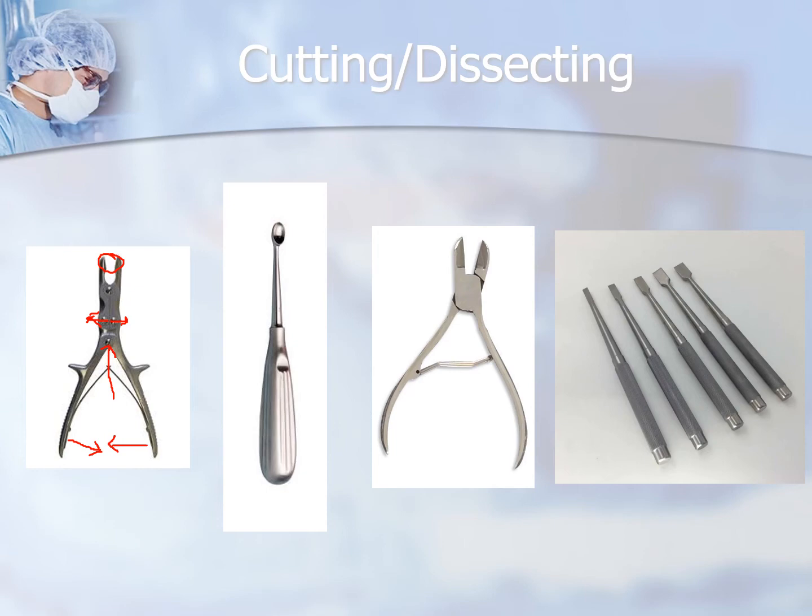Anytime you pass an osteotome or a chisel, which is used to cut bone, just as the name implies, you will want to pass a mallet as well, because they're going to hit the back of the chisel or the osteotome with the mallet, and that's going to help push that tip into or along the bone to cut it.